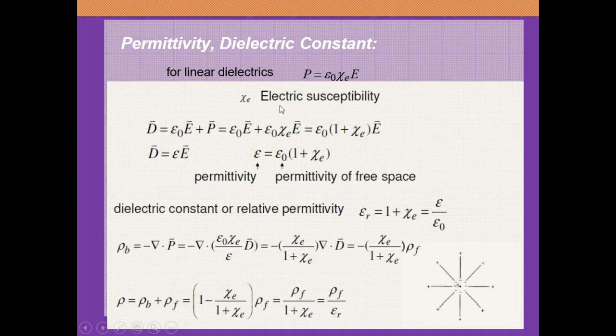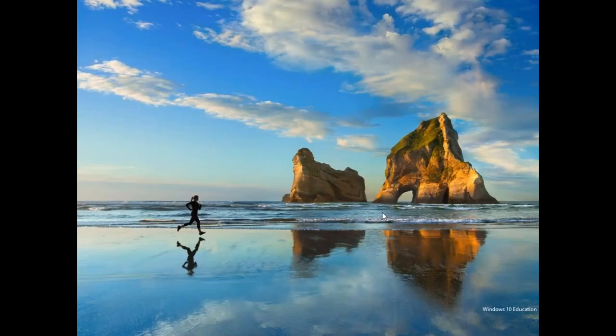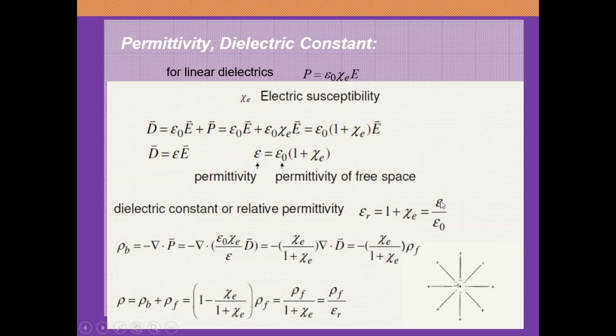And we said chi e is the electric susceptibility. So the dielectric constant, or relative permittivity, is equal to 1 plus electric susceptibility, which is equal to permittivity all over permittivity of free space. So when we input this, we have this.